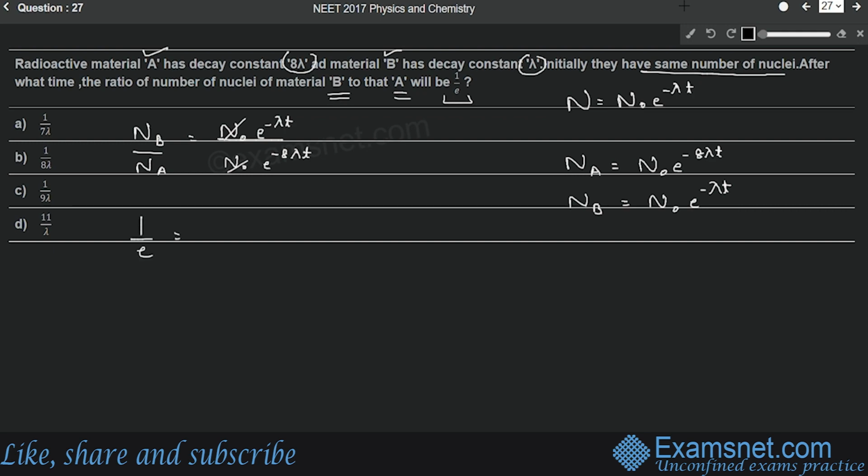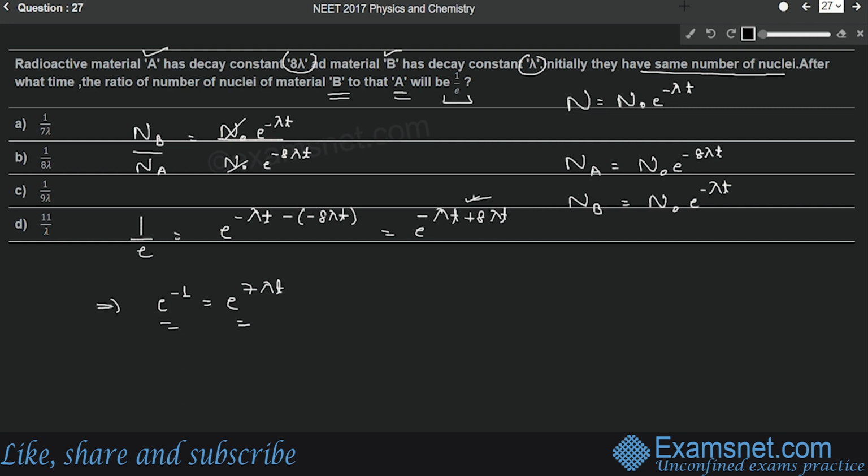It will be equal to e to the power minus lambda t minus minus 8 lambda t. That means e to the power minus lambda t plus 8 lambda t. And 1 by e means what? e to the power minus 1. On solving this side we get 7 lambda t.